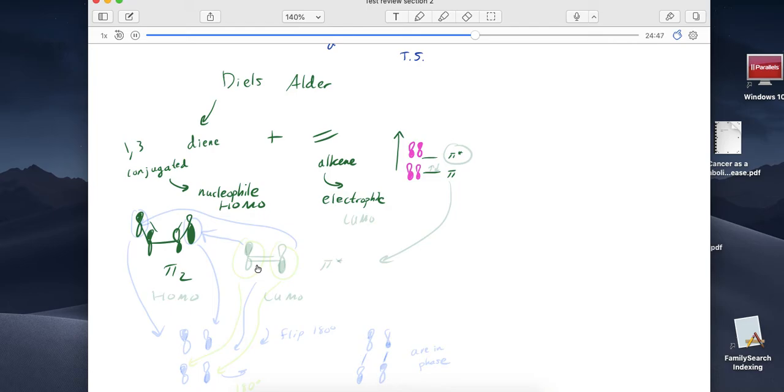So again, we're looking at the LUMO of the electrophile. Which one is that? Yep, it's pi star. So we line up the pi2, I'll write HOMO down here, and combine it with the LUMO, the pi star, which comes from here.